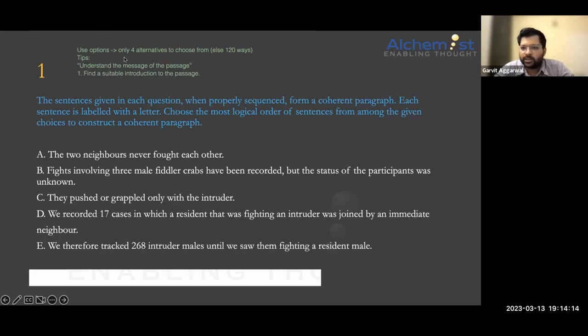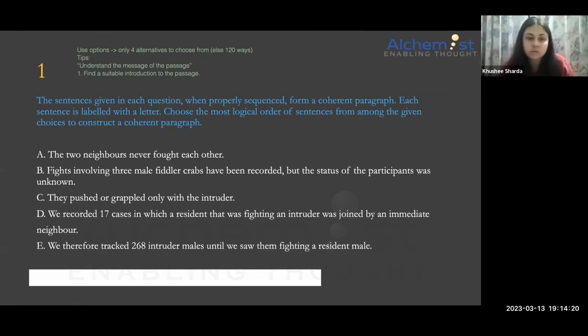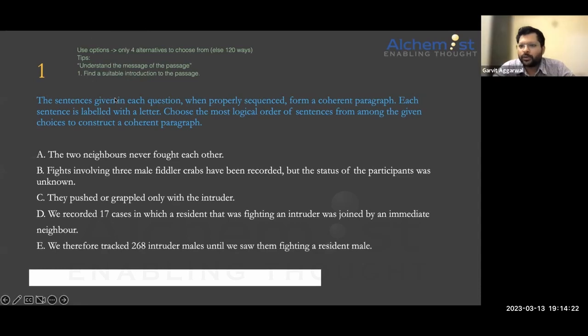Can you find the introductory sentence here? Option B. देखो, let's go one by one and see. The two neighbors never fought each other. What is the sentence telling us? It is using the word the. What does the tell you? Particular those. वो वाला कोई.